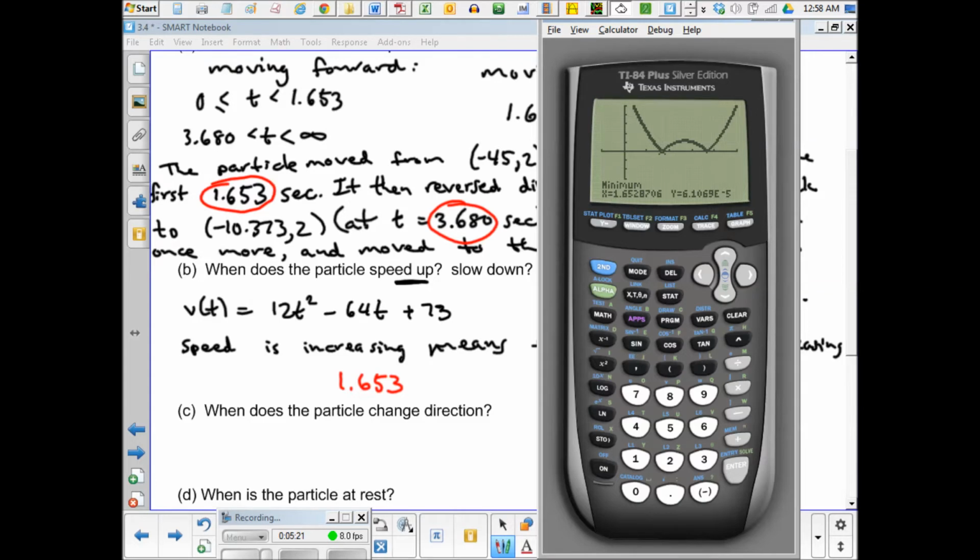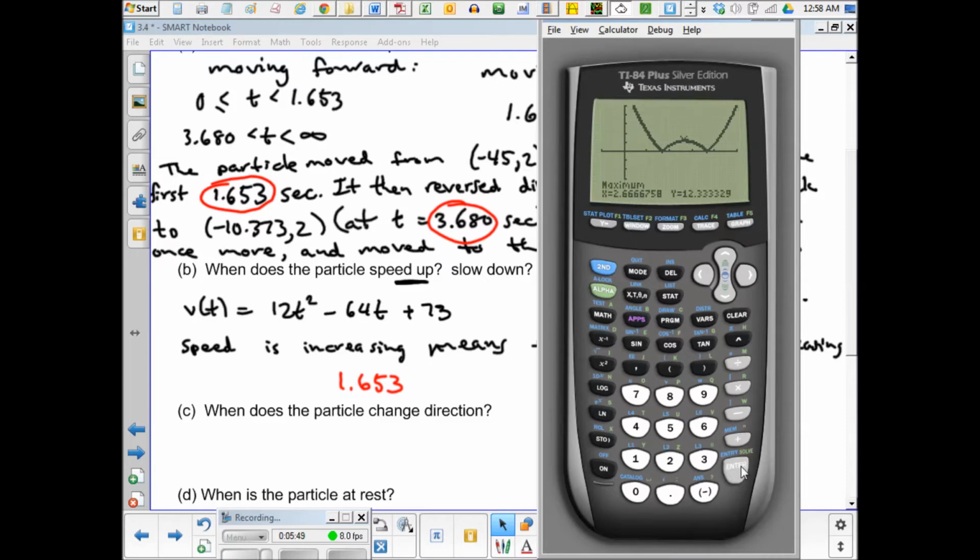Okay, the y value here is basically 0, if you ever see that, 10 to the minus 5. Okay, let's go find some other points. So let's go find this maximum in here, left bound, right bound, and a little guess right there.